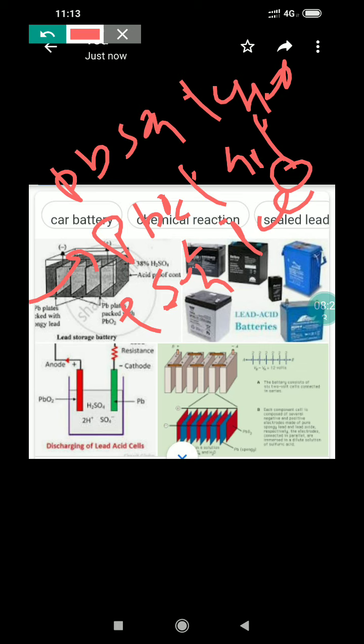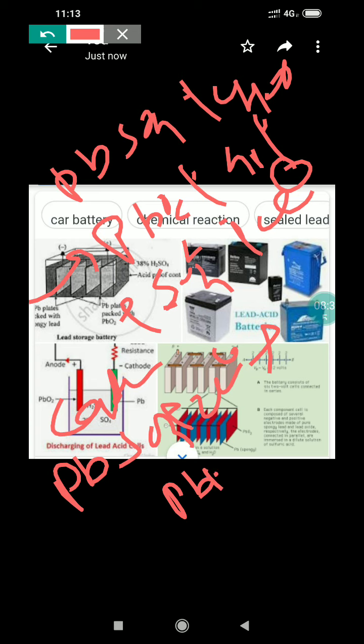Then the reduction at the cathode is PbSO4 plus 2 electrons giving you Pb plus SO4 2-. This is the reverse reaction of oxidation.